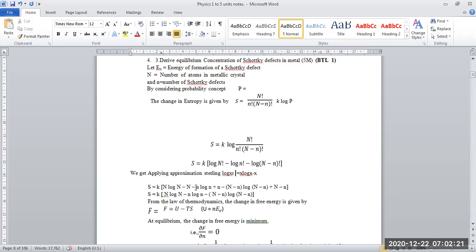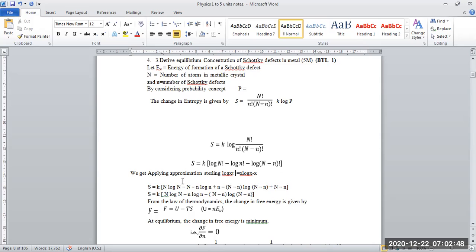So what is remaining here? Minus n log n. So I have written here after this minus n log n. Now here you can see again small plus n and here small minus n. This will get cancelled, right, everybody? So here minus n log n minus of what is remaining here? Capital N minus small n log of N minus n.